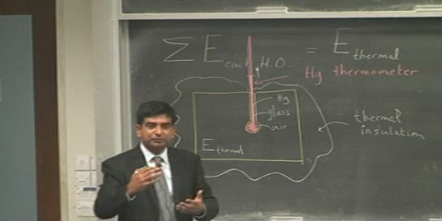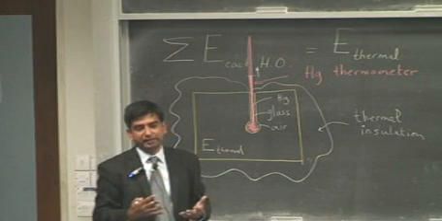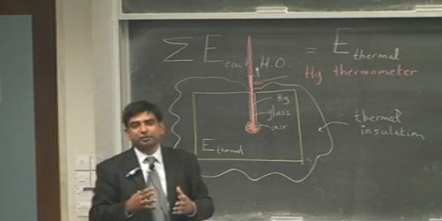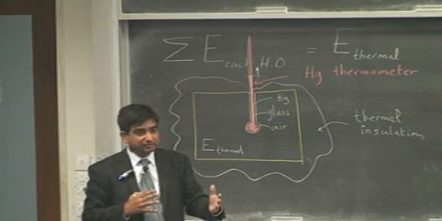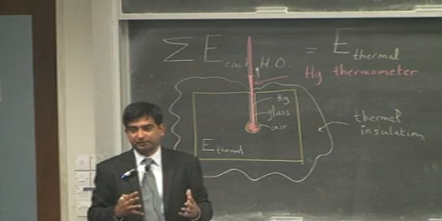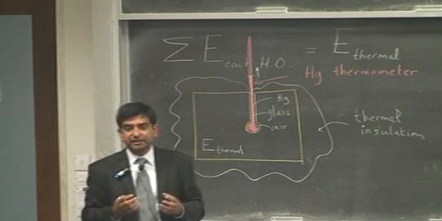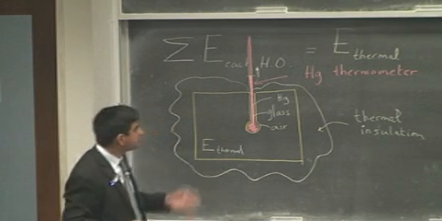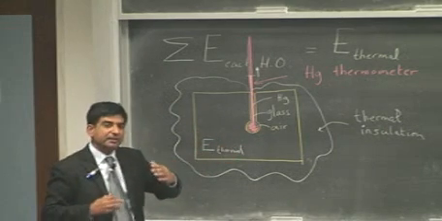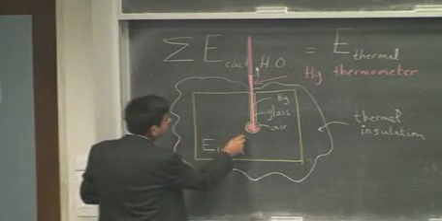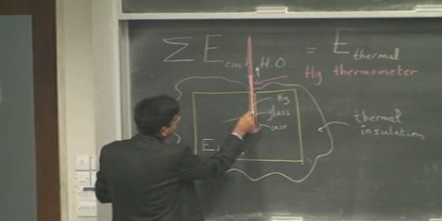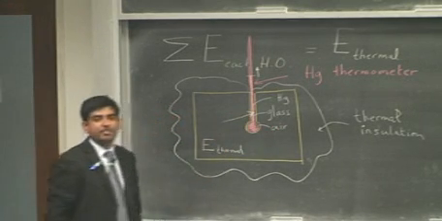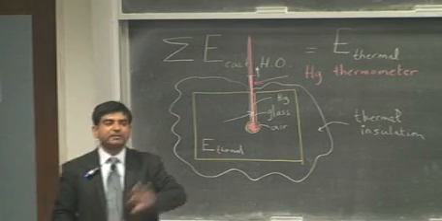The atoms in the mercury, which is a liquid, start undergoing random vibrational, rotational and translational motions. As a result, there is energy transfer from this solid to the mercury, and this is transfer of random motion.